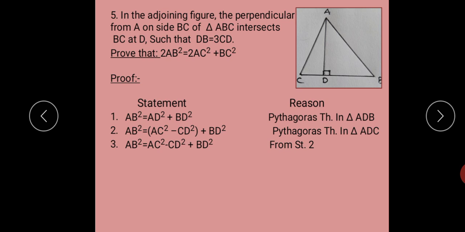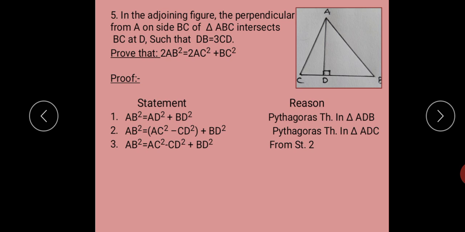Now CD is 1/3 of DB, or DB is 3 times CD. That means the base BC is divided into 4 parts. One part is CD and there are 3 parts on the other side, that is DB. So when you want to replace CD, it is 1/4 of BC and BD will be 3/4.